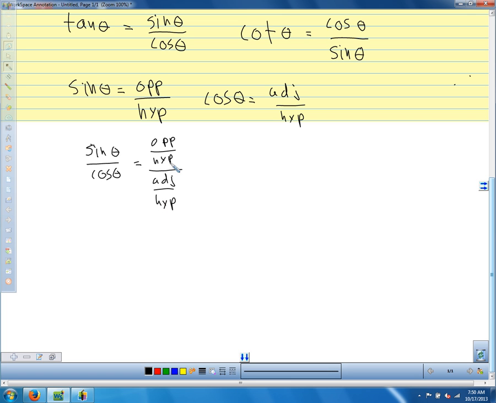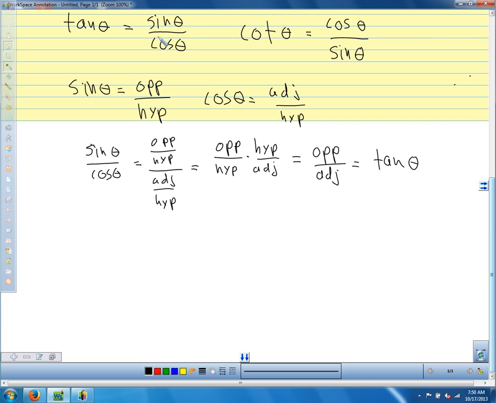And when I divide by a fraction, that's the same as multiplying by the reciprocal. The hypotenuse in the numerator and denominator cancel out, and we get opposite over adjacent, which is tangent theta.